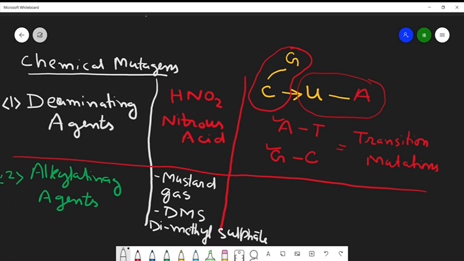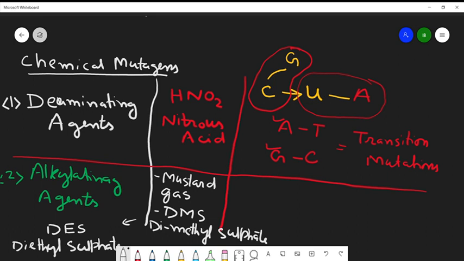And they also include DES. DES stands for diethyl sulfate. So what these alkylating agents do is add methyl or ethyl groups, which are the alkyl groups, to the nitrogenous bases.